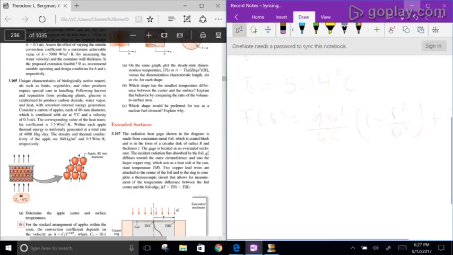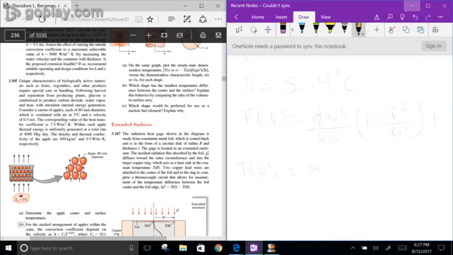We're going to use the radius at 0, so T0 equals 38.9 watts per meter cubed times 0.04 squared over... 7.5 watts per meter Kelvin?